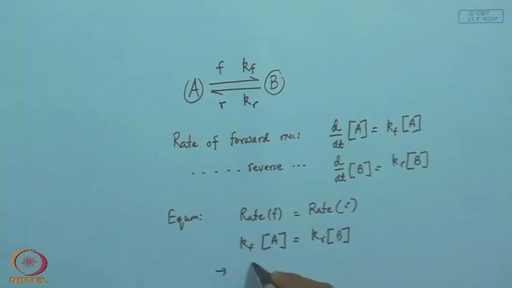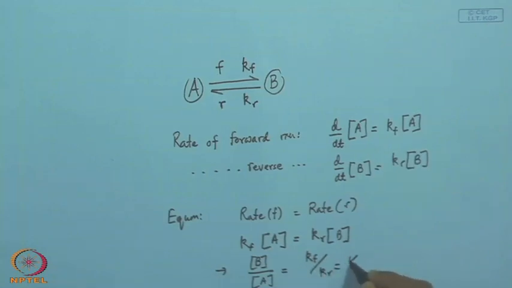Concentration of B divided by concentration of A is equal to Kf by Kr, which is equal to K equilibrium, the concentration equilibrium constant, of course at a given temperature, because it is very much sensitive to temperature.